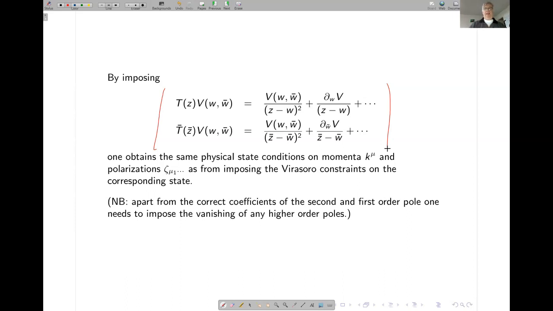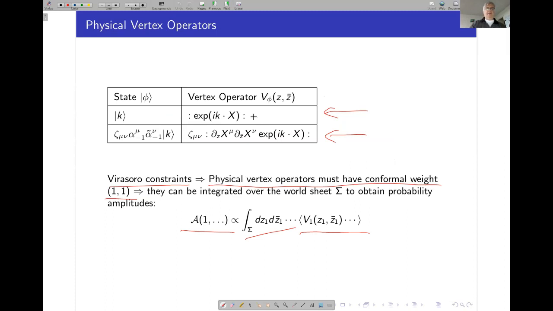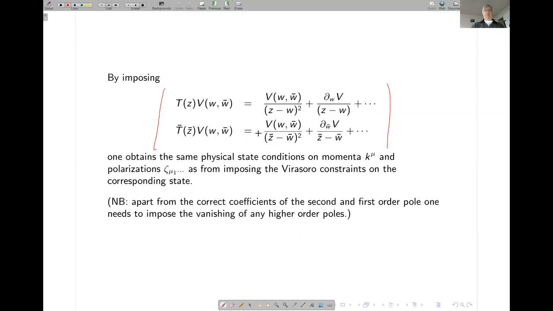And if you now take any of these vertex operators, for example, the tachyon vertex operator, which I will give you as an exercise, or if you want to do a bit more work, take this one here for the graviton, dilaton, and antisymmetric tensor state, then you can show that by imposing that the OPE takes this form, you get the same conditions on the momenta and polarizations as from the Virasoro constraints.